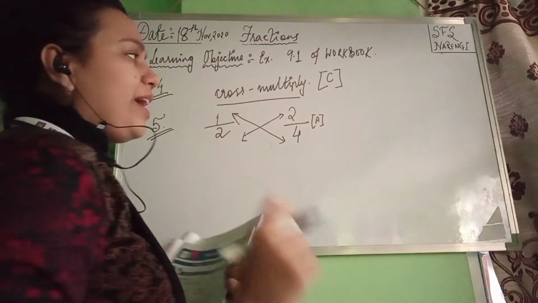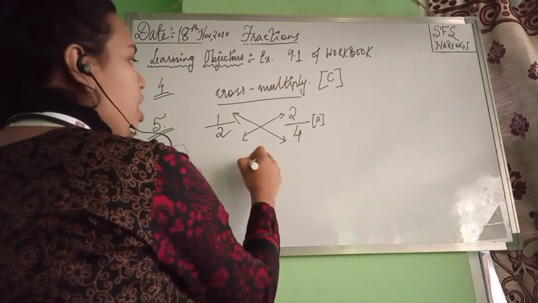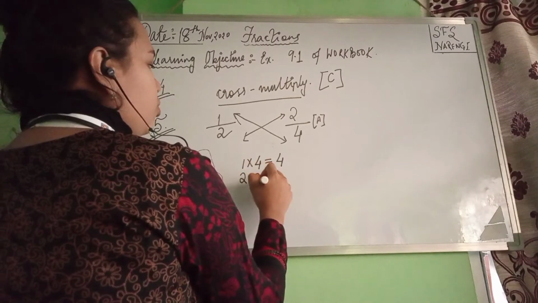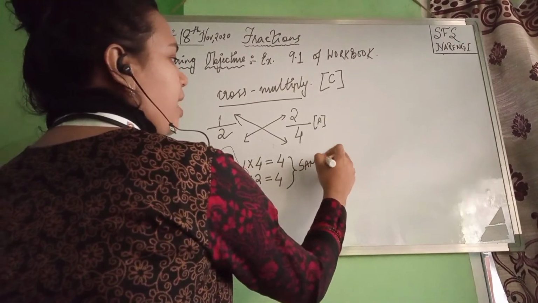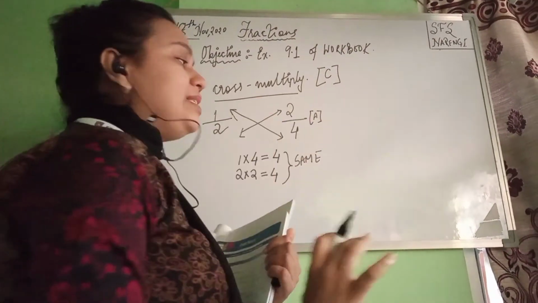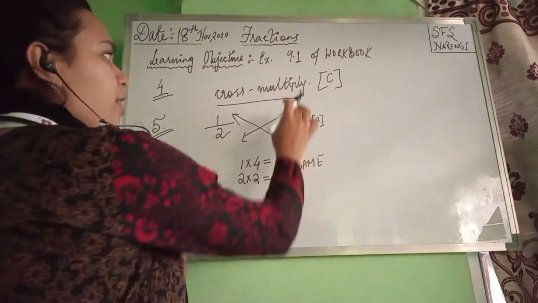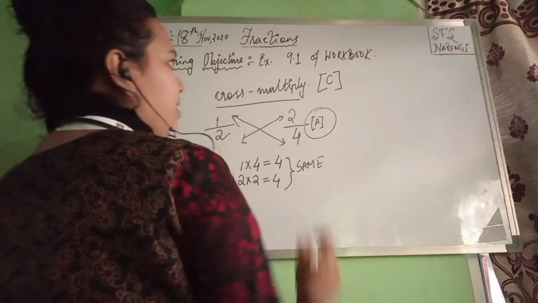It is also very evident that we can reduce it to half, right? But if we cross multiply them, we will get 1 into 4 equals 4 and 2 into 2 equals 4. They are the same, right, children? Since they are the same, we can say that 1 by 2 is an equivalent fraction of 2 by 4. So question number 5, the answer is A.